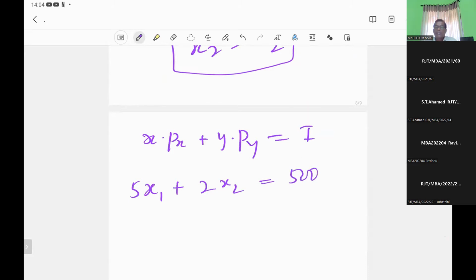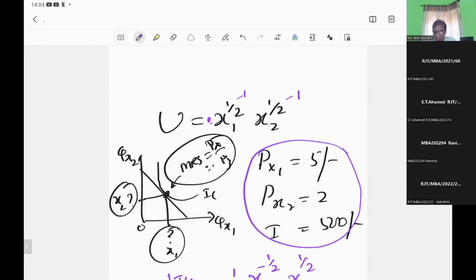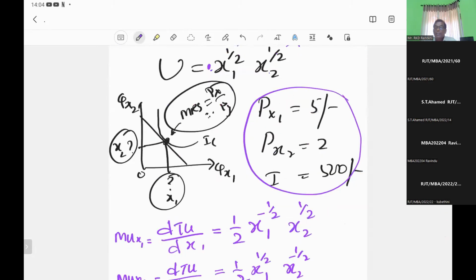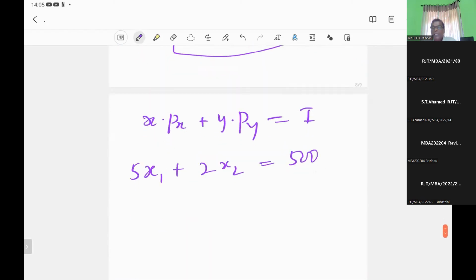That is the budget equation. According to the given details, price of x1 is 5, price of x2 is 2, income is 500, you can write the budget equation.